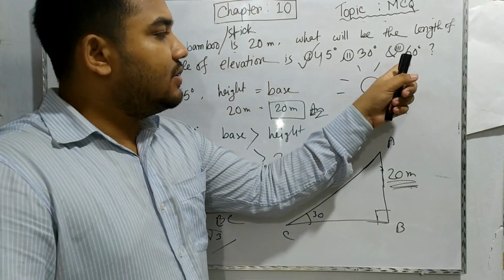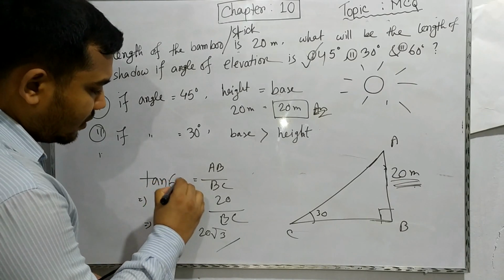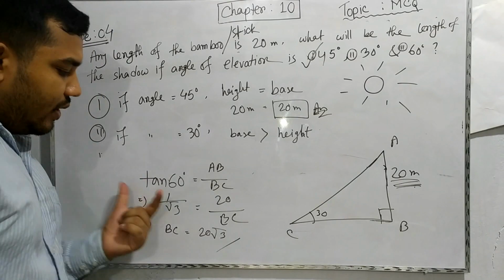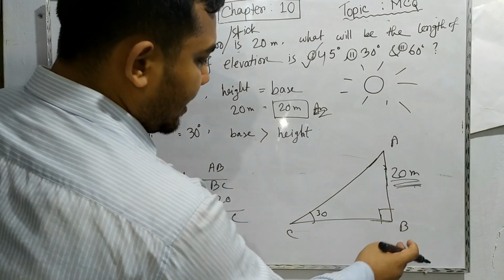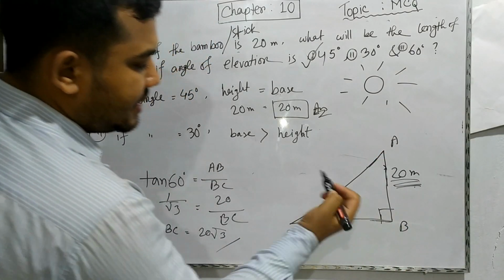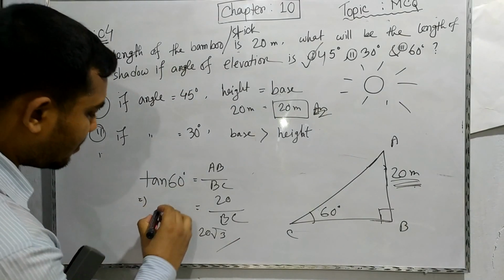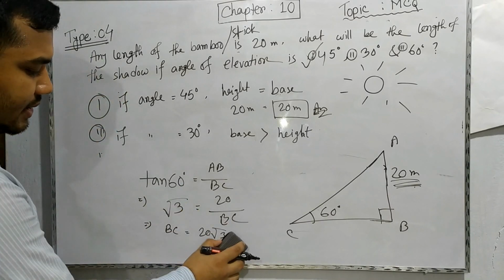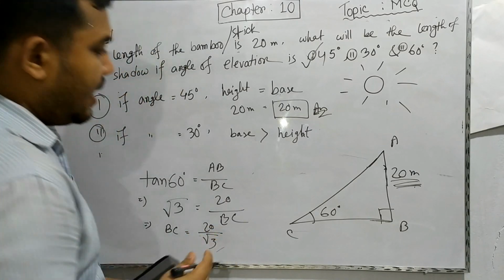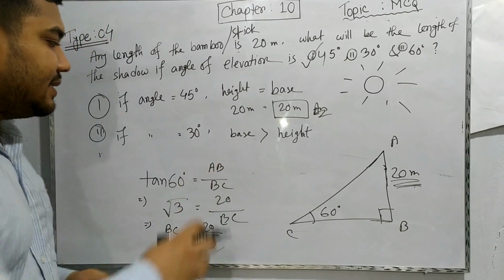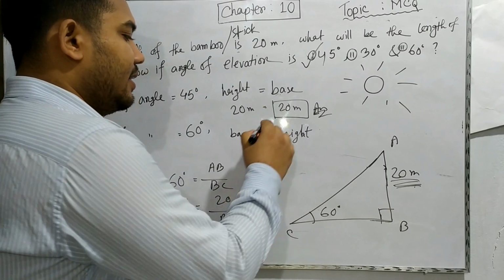Here I wanted to mention that if the angle is 60 degrees, then height AB by base BC will be root 3, and finally we get 20 by root 3. Actually, if this angle is 60 degrees, then the height will be greater than the base.